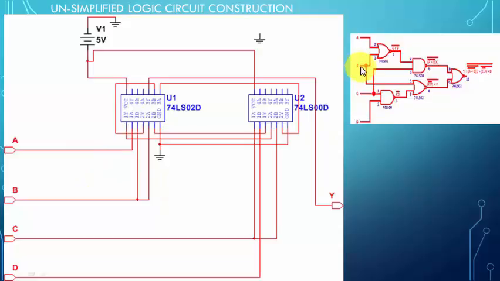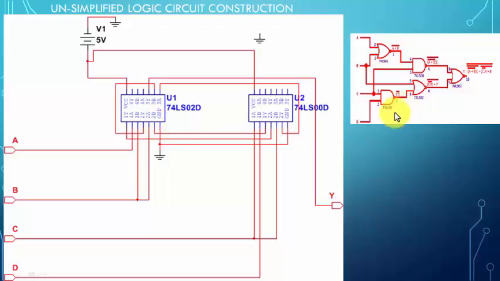Similar thing, you can see B input connects to pin 3 of 7402 and also pin number 5 of 7402. So you can see B connects to 2 pins. One is pin 3, one is pin 5 of the 7402 IC.